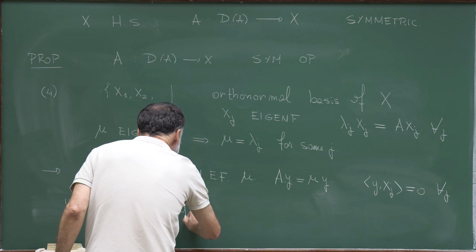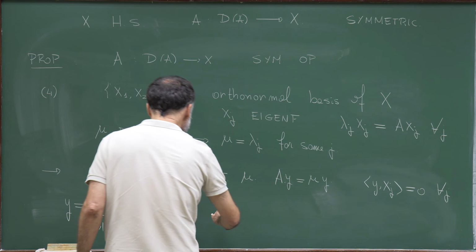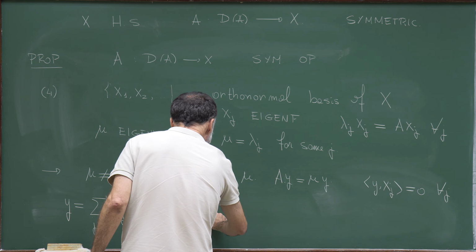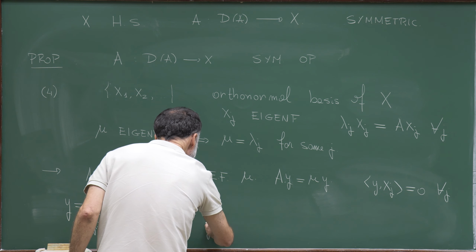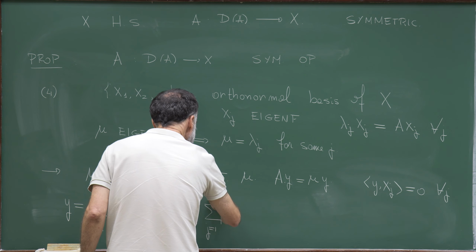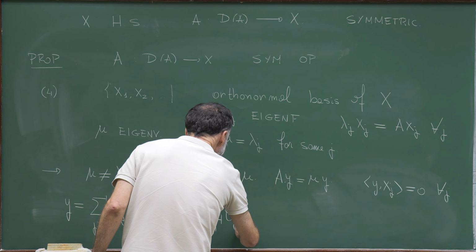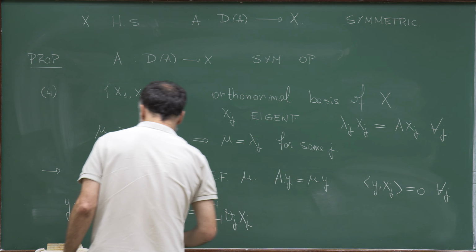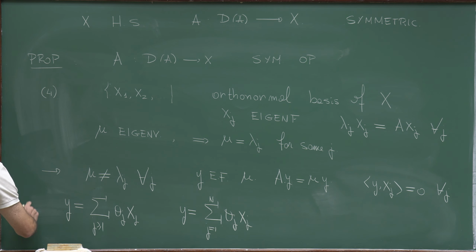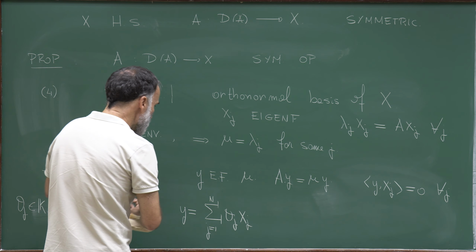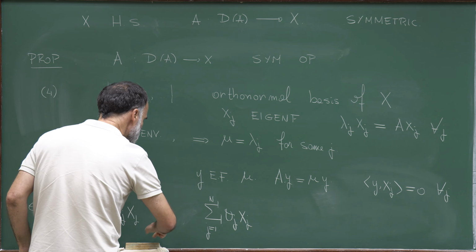And as I said, y is the limit of the sum of theta j xj. And here the theta j are scalars. And y is the limit of this partial sum.